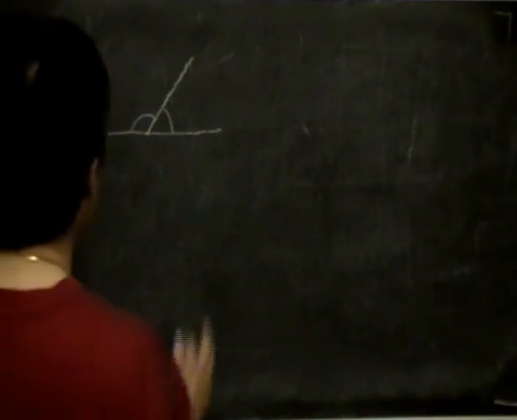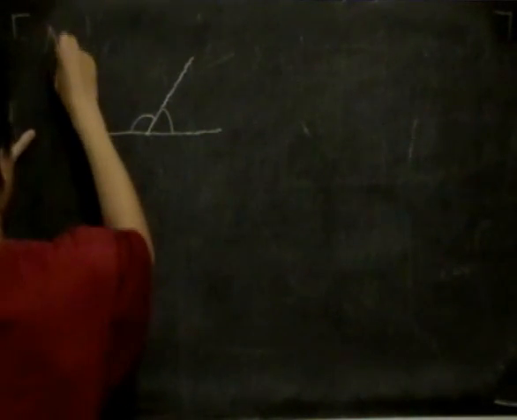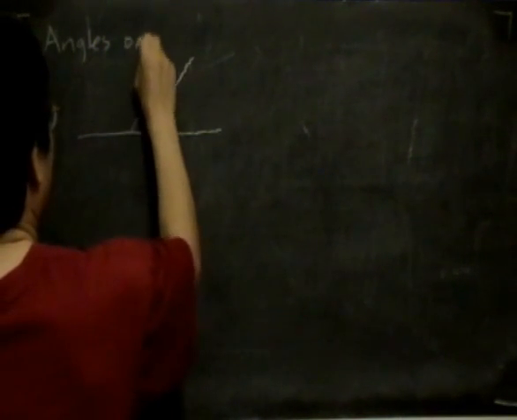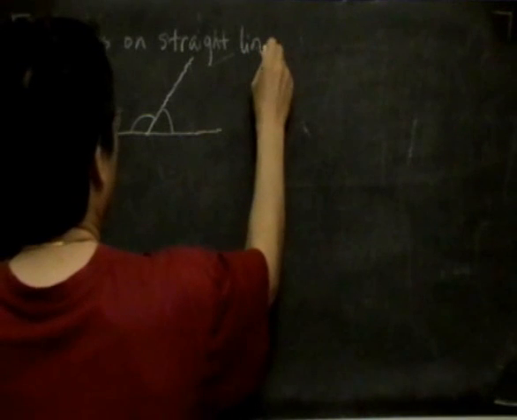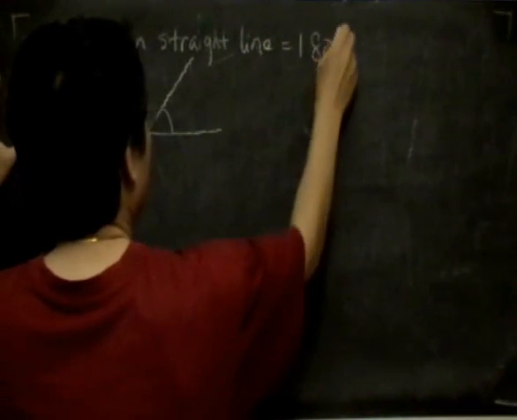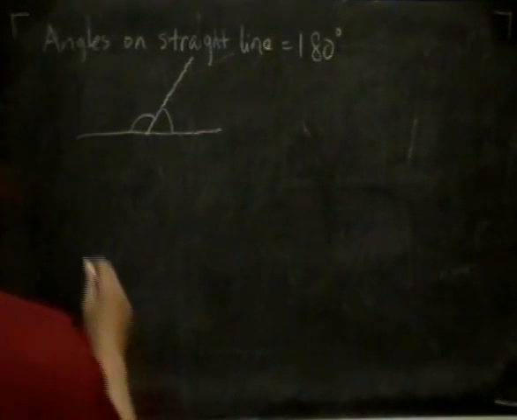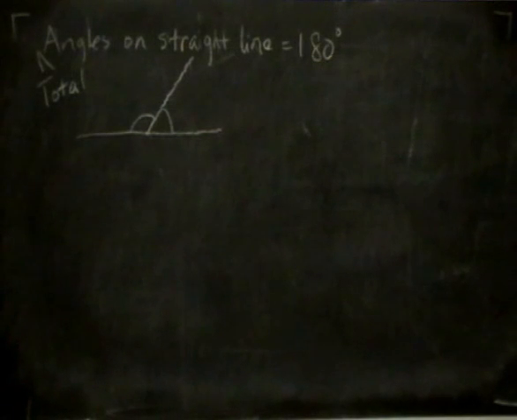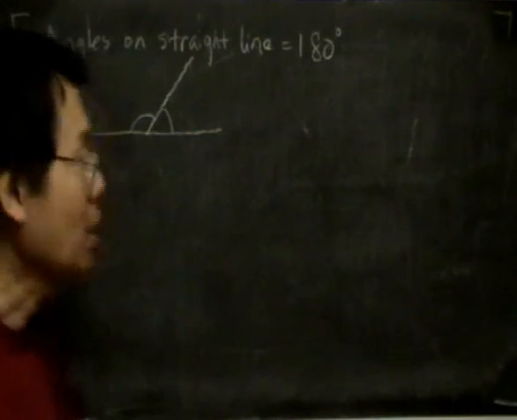So we describe this property by saying that the total angles on a straight line is 180 degrees.